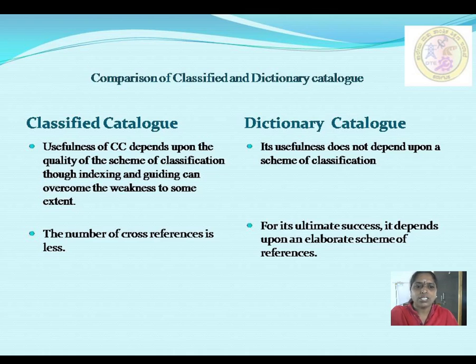When you come to the dictionary catalog, it does not need any scheme of classification. It does not run or depend on any scheme of classification. Though you have to do the subject headings, if a classification number is given, then we do the subject headings based on the class numbers which are already done, and we use the Sears List of Subject Headings to do the subject headings, right?